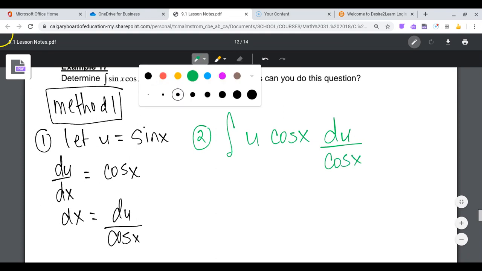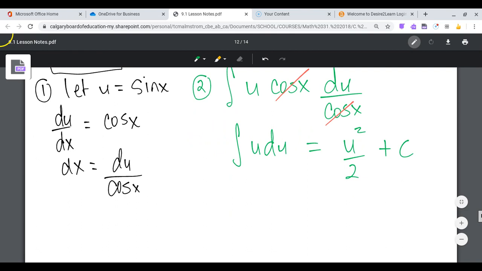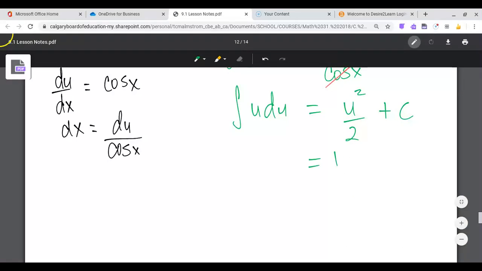And then yay for us, the cos x cancels, and I'm left with integrating u du, which is equal to, if you add 1 to 1, you get u squared over 2 plus c, which then u for us this time around was sine x. So this is equal to 1/2 sine x squared. So I could put my little 2 in there, plus c.